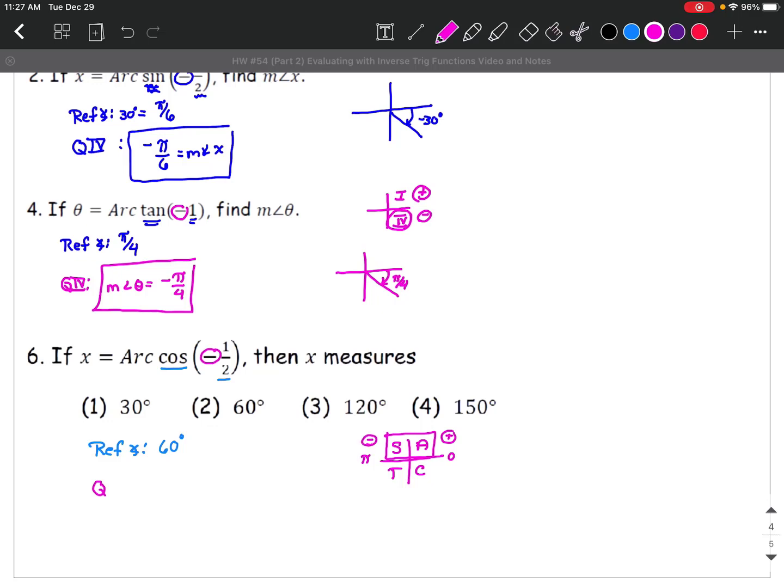In the second quadrant, cosine is negative. So we want a second quadrant angle with a reference angle of 60 degrees. So 180 degrees minus 60 degrees is 120 degrees. That's the angle that has an arc cosine of negative 1/2. So it's choice 3, 120 degrees.